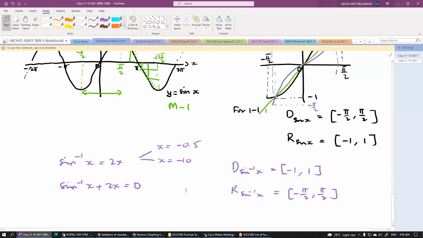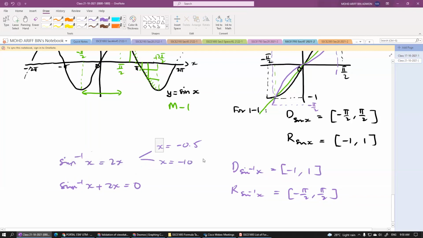So here, negative 10 is excluded. This is not in our domain. To make sure the whole equation is valid, correct and true, we have to reject this one, because if we substitute it into this x and also this x, it is undefined.